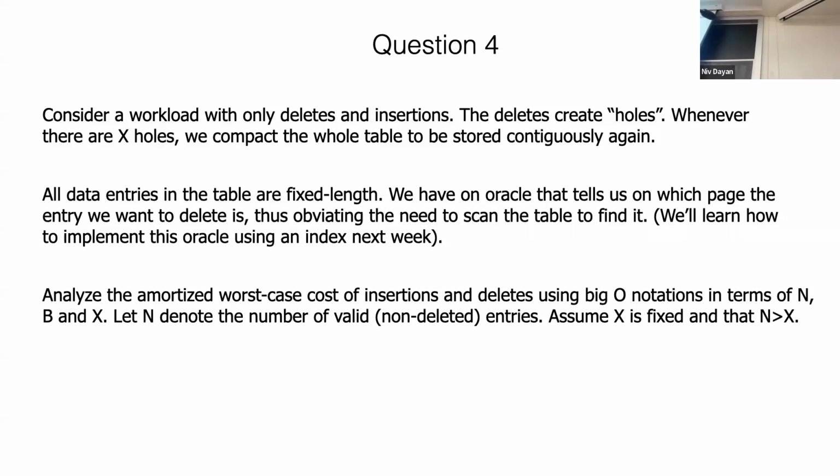So, like, the number of valid entries. I think the worst. Multiple entries. I mean, entries on pages. It's small or about zero.